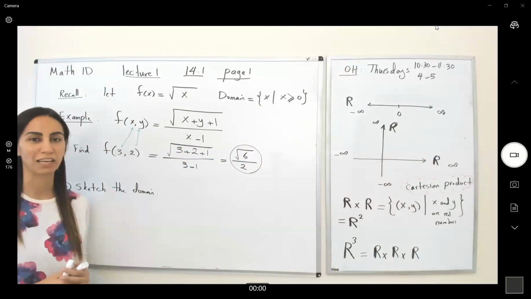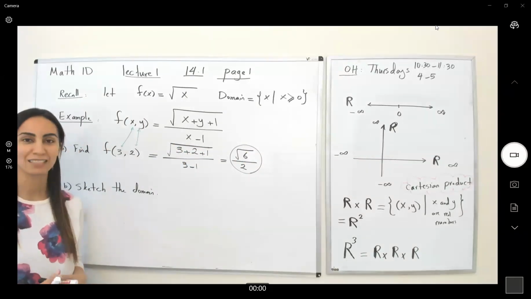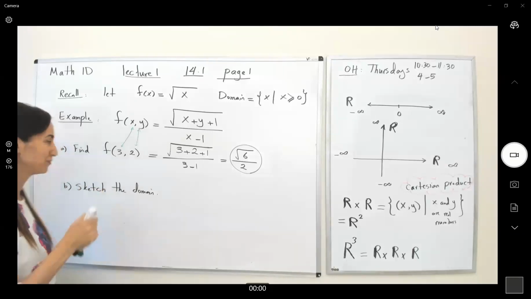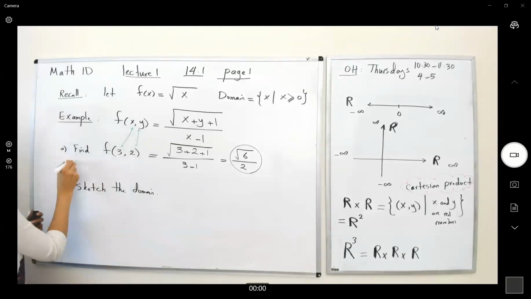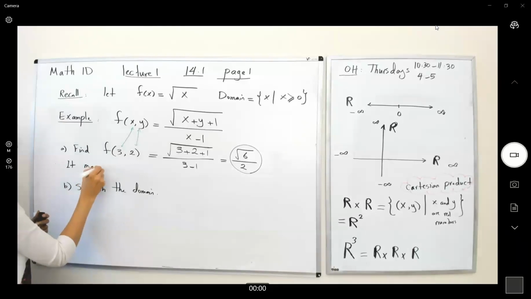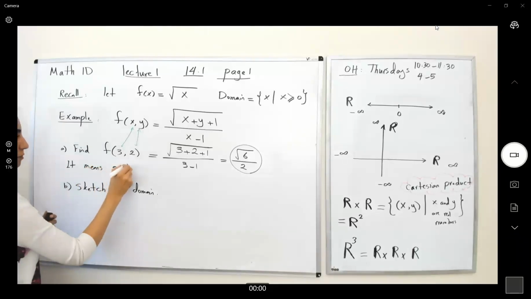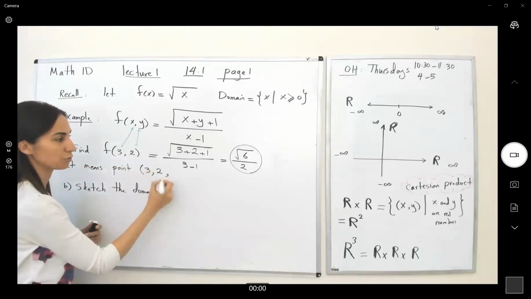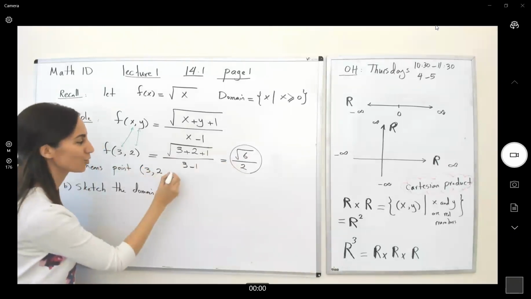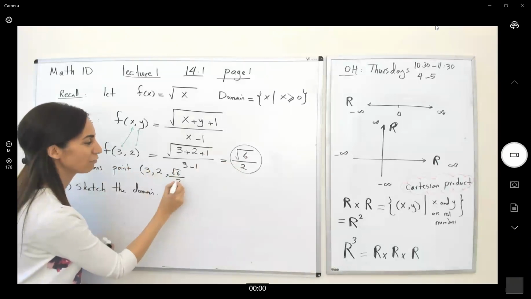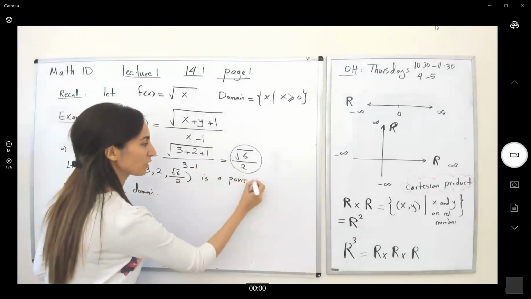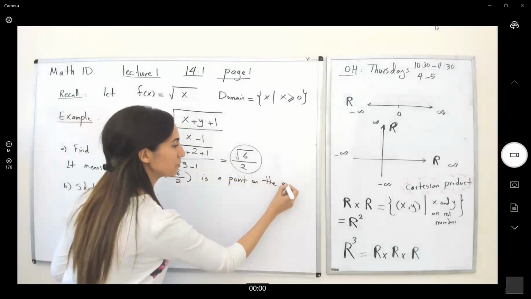So what's the meaning of that? It means that you have a point on the graph of this function. It means that the point with first coordinate 3, second coordinate 2, and last coordinate square root of 6 divided by 2 is a point on the graph of the function.